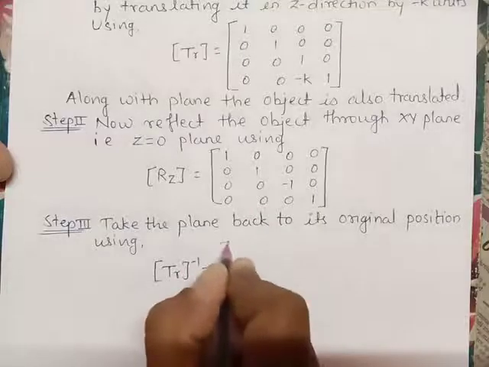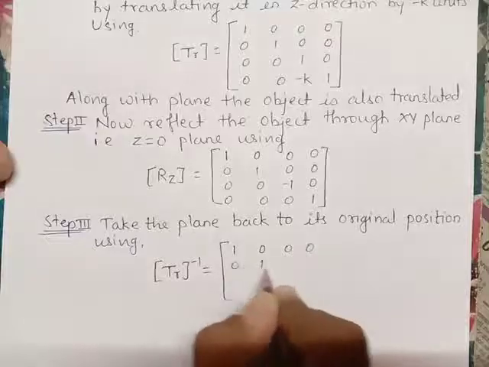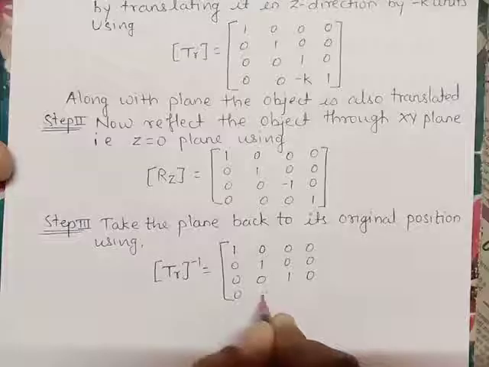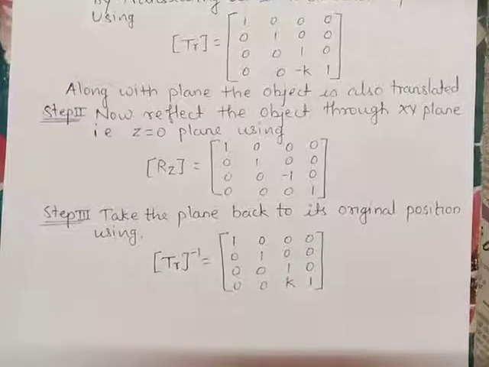Inverse translation. And that matrix is 1 0 0 0, 0 1 0 0, 0 0 1 0, 0 0 k 1. This is the matrix here.